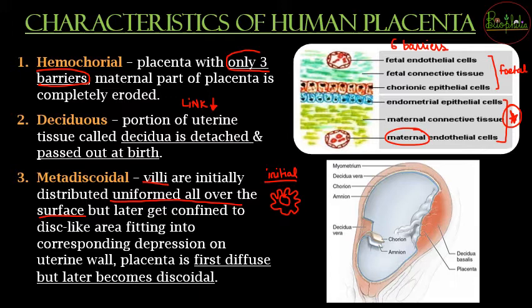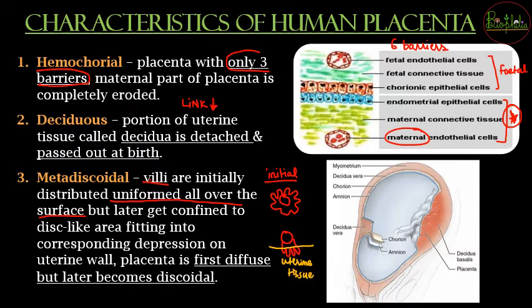But later on it is going to be having an area specific wherein the finger like projections are going to be found, and only that region is going to be embedded into the uterine tissue.